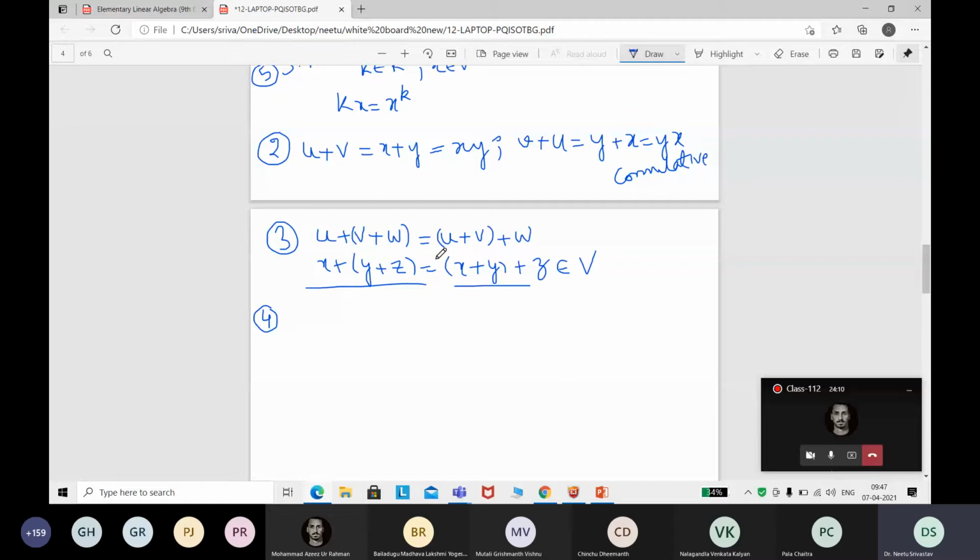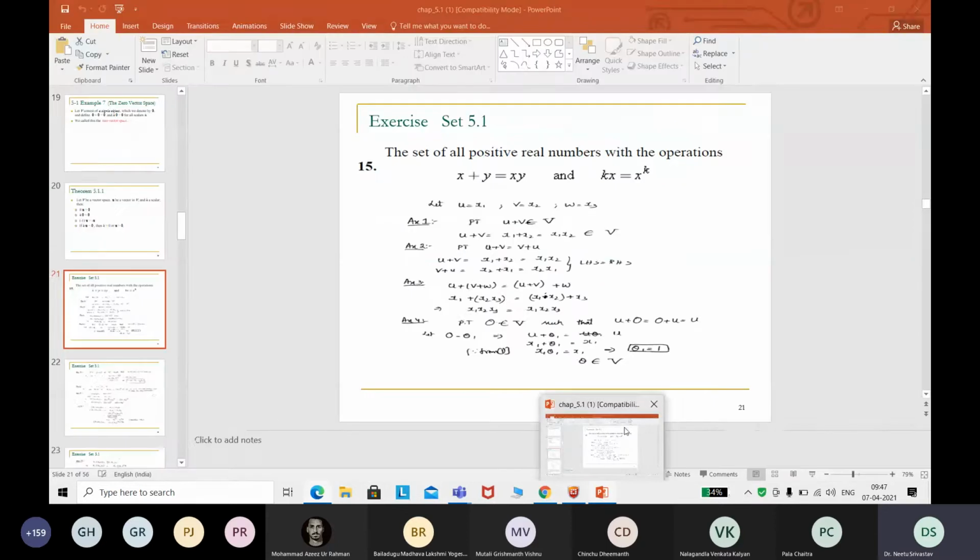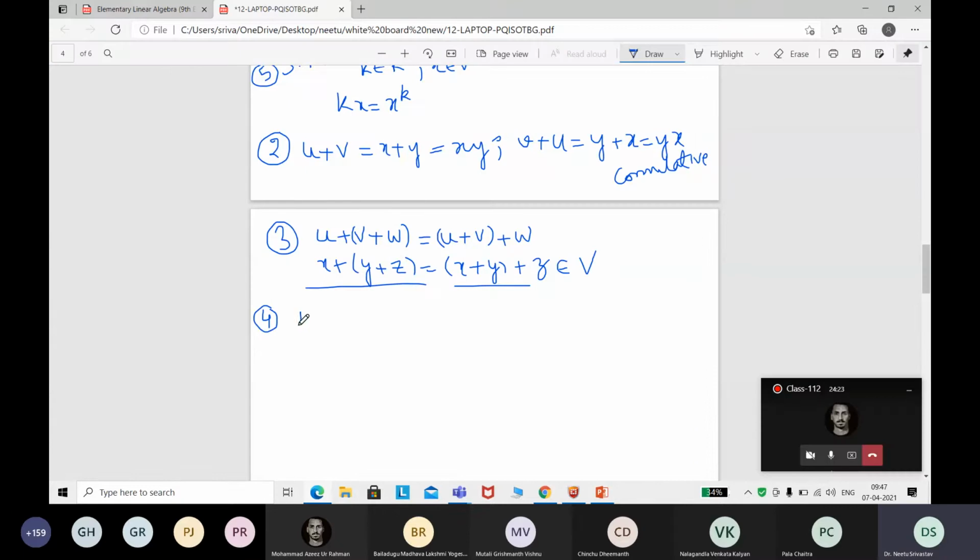In any order you can add, 1 plus 2 plus 3 or 1 plus 2 plus 3. Next, this is commutative. Now we need to find out additive identity and additive inverse. Additive identity is whatever you are going to add.